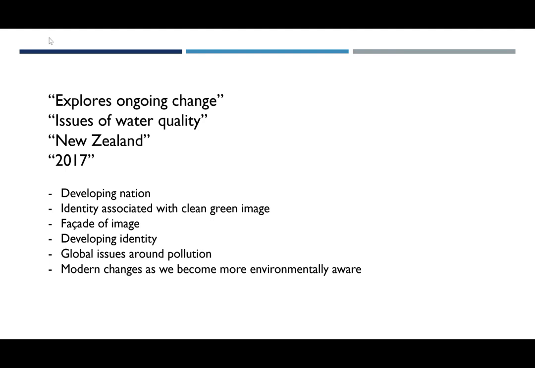That then makes me think about how that image might be false or a facade, and then how that might influence a developing identity. I thought this could link with global issues around pollution, and how, as a modern society, we're going through a lot of changes to becoming more environmentally aware. The fact that this appeared in a National Geographic equivalent also suggests that that might be something that's quite relevant.